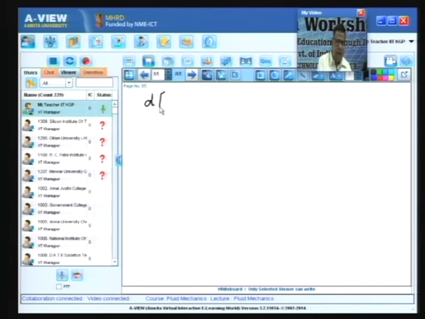Or we can write it as d of p minus rho g x x minus rho g y y minus rho g z z is equal to 0.